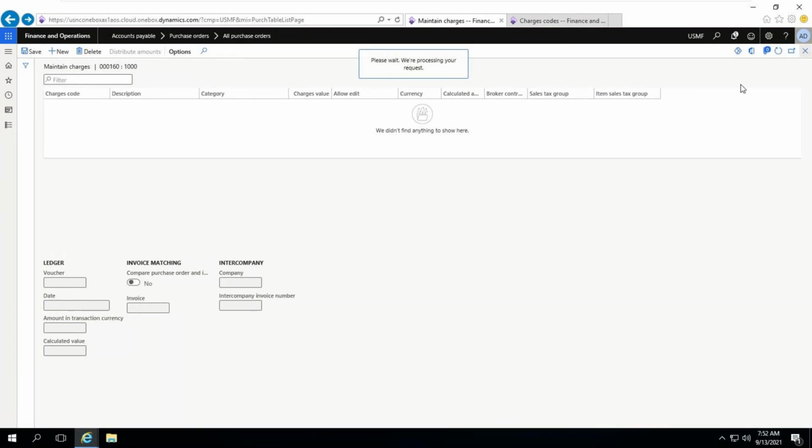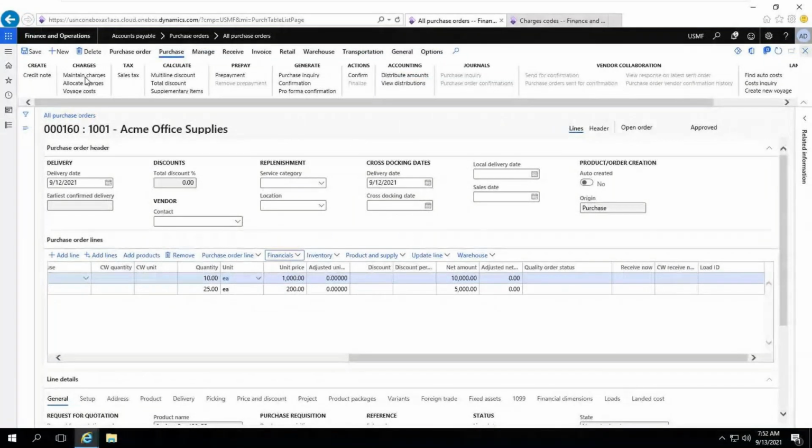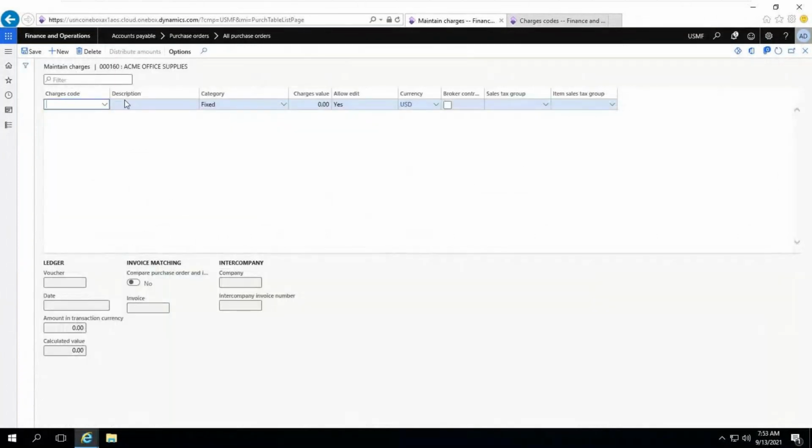Let me enter the charges and let me allocate based on the net amount. Let me enter maintain charges. So let me enter the freight charges.